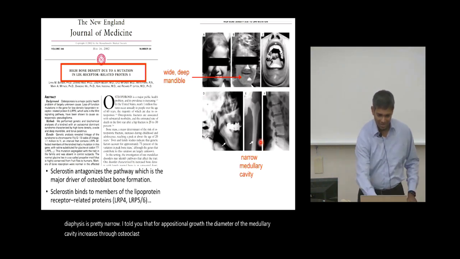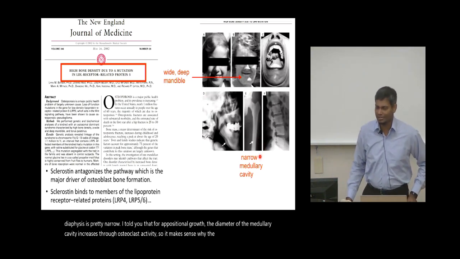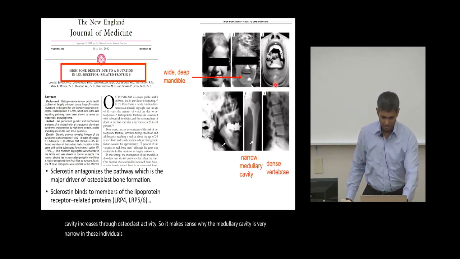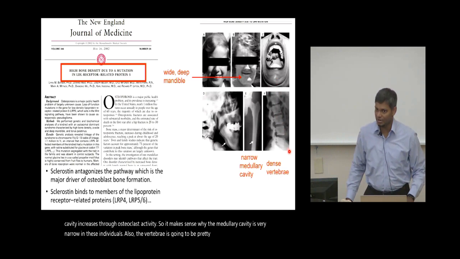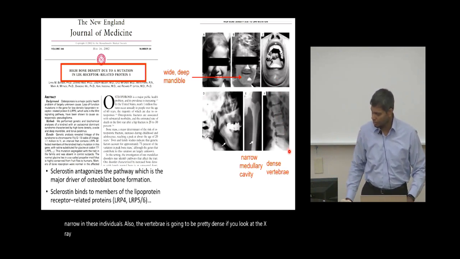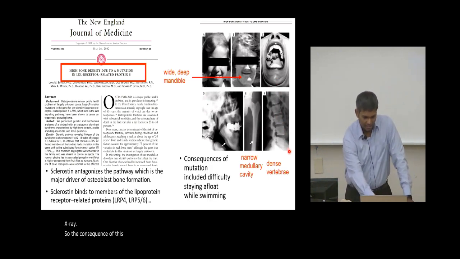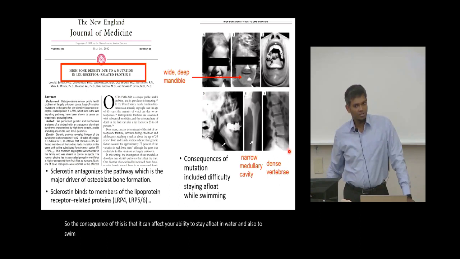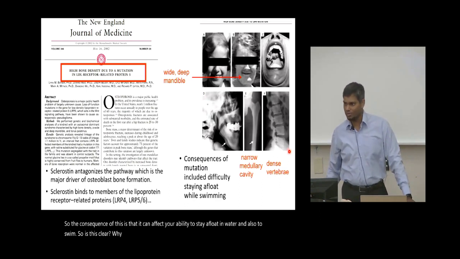So it makes sense why the medullary cavity is very narrow in these individuals. Also, the vertebrae are going to be pretty dense if you look at the X-ray. The consequence of this is that it can affect your ability to stay afloat in water and also to swim. So is it clear why having too much bone density can be detrimental as well?